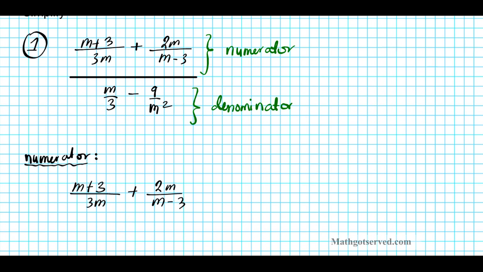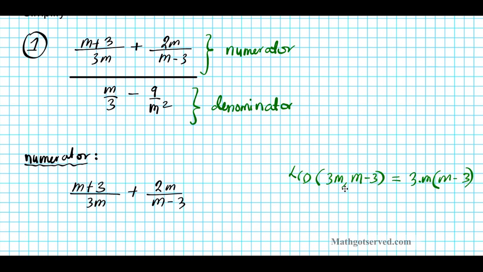To add these fractions, we're going to have to find the LCD. So what is the LCD of 3m and m minus 3? The LCD of 3m and m minus 3 is 3 times m minus 3.